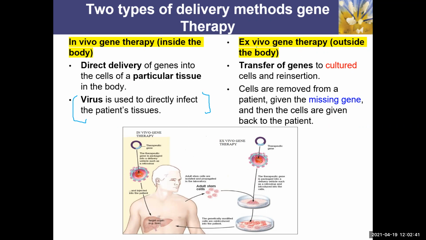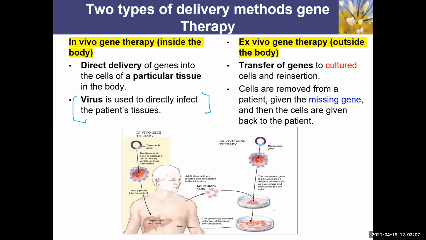And what is ex vivo? Ex vivo is where you take cells from a particular person, and they are cultured in the lab. Once we have those cultured cells in the lab, you incorporate the missing gene.